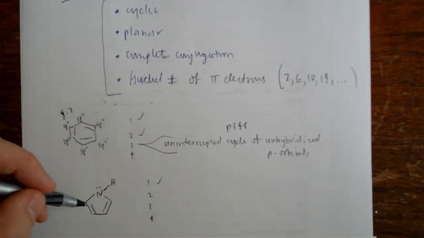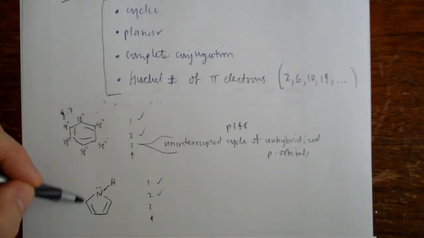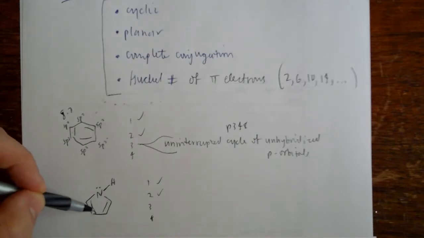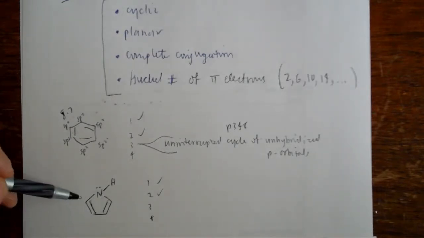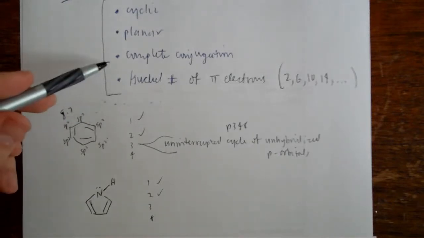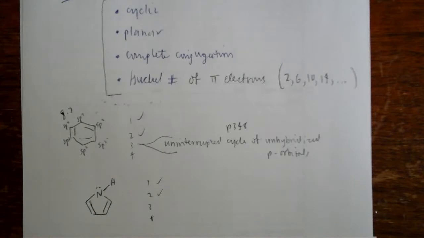Is it planar? Sure, fine. We can talk more about planarity later, but your understanding of VSEPR shapes is important here for you to be able to see that that's planar. Is the conjugation complete? Well, that's a good question. Here it matters. You have to know.